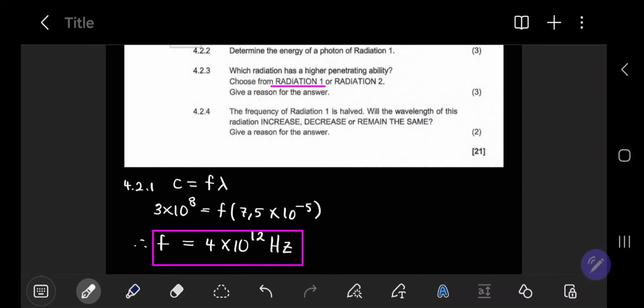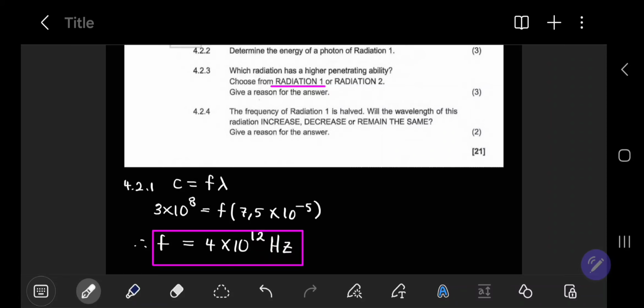Now let's look at 4.2.4. The frequency of radiation 1 is halved. Will the wavelength of this radiation increase, decrease, or remain the same? And give a reason for your answer. So the main thing you need to remember is that frequency and wavelength are inversely proportional. If we are going to halve the frequency, basically you're dividing the frequency by 2. What's going to happen to the wavelength? It's going to be multiplied by 2.